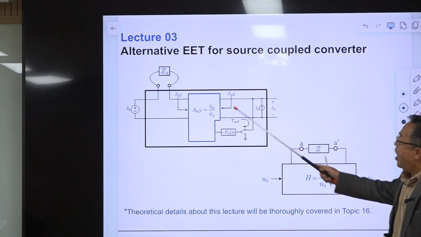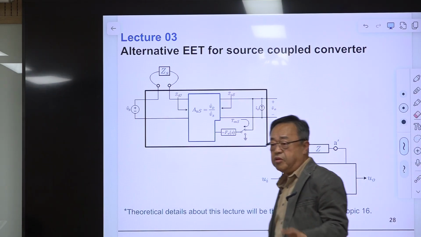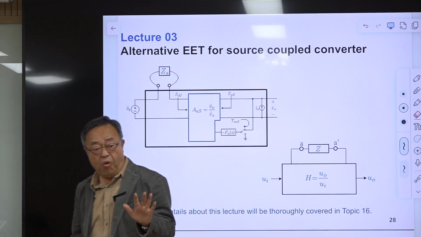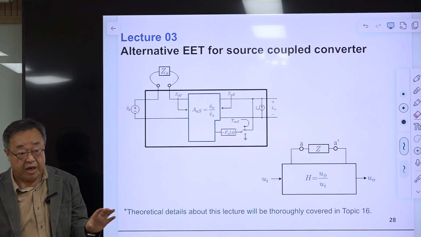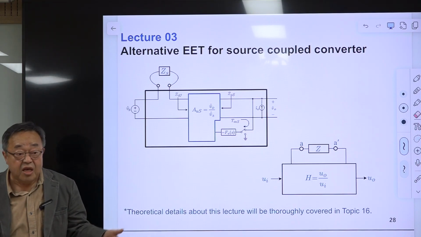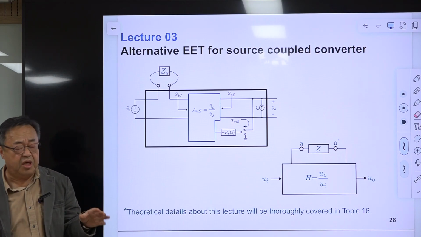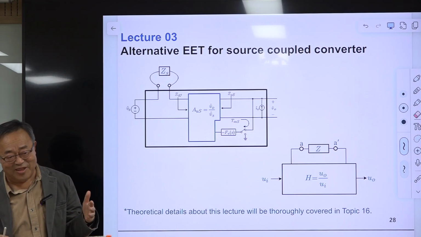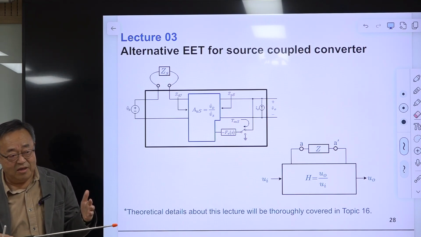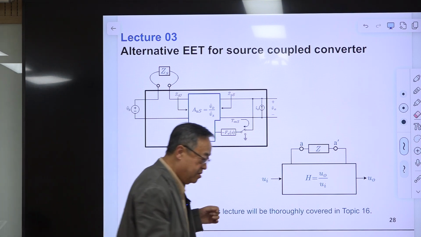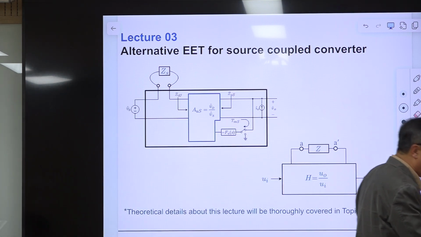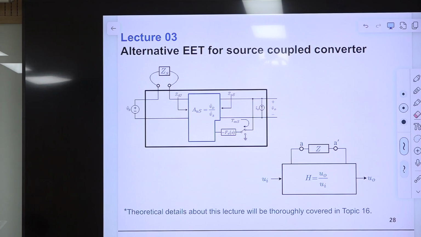This can be anything, such as a fuel cell or a lithium-ion battery, or some renewable energy source, something like that.